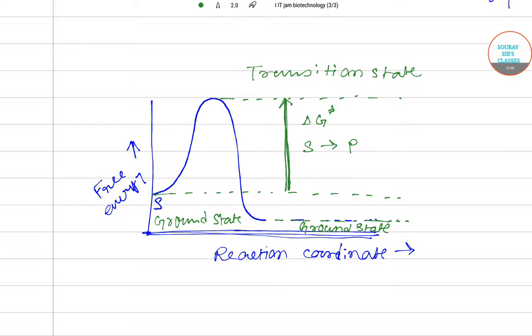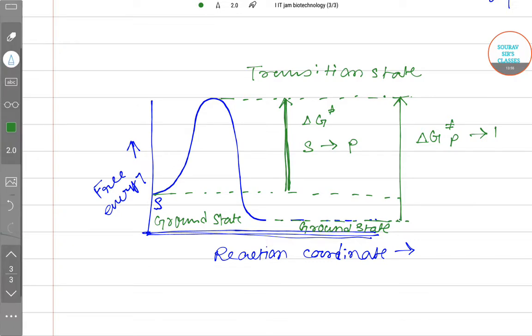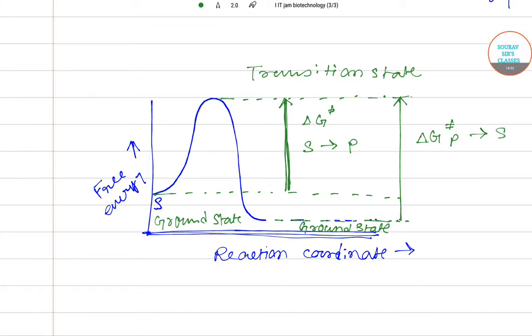Now from this ground state to this transition state, that is the free energy change for the product forming the substrate.